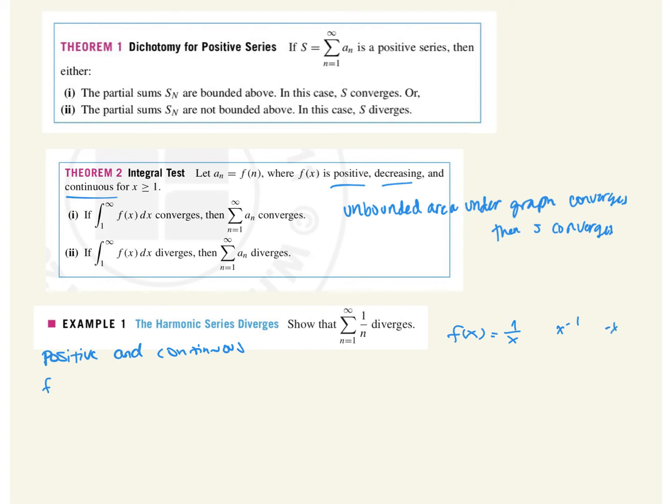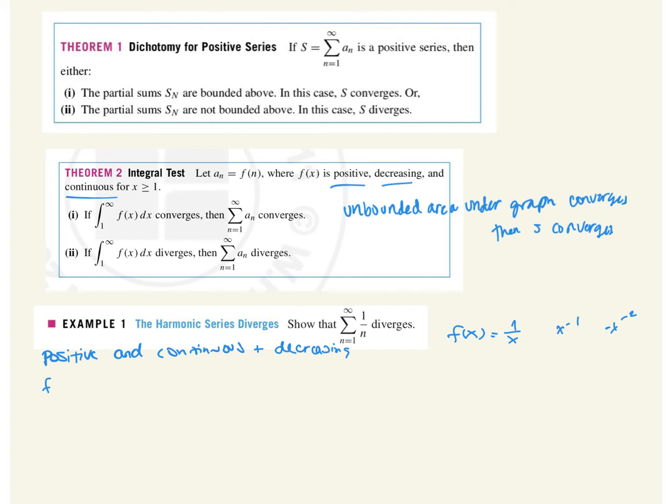I would get negative x to the negative 2, or negative 1 over x squared, which is negative. It's a negative numerator over an always positive denominator. So it is positive and continuous and decreasing. And we could even visualize the graph, and we know that the branch in the first quadrant is a decreasing branch.